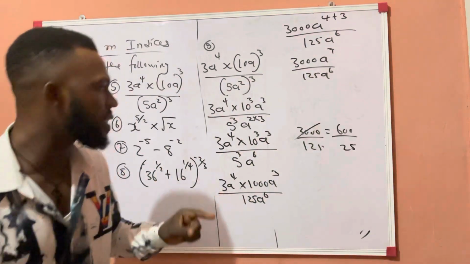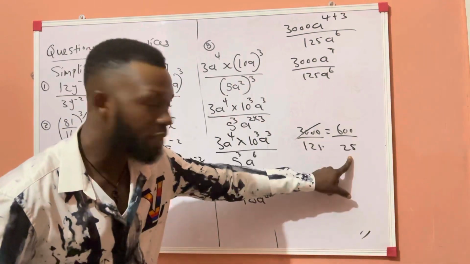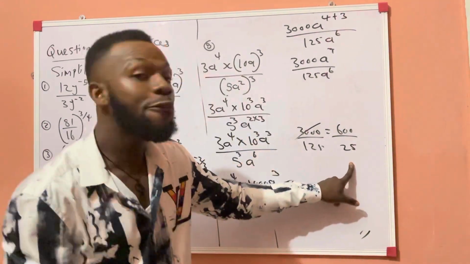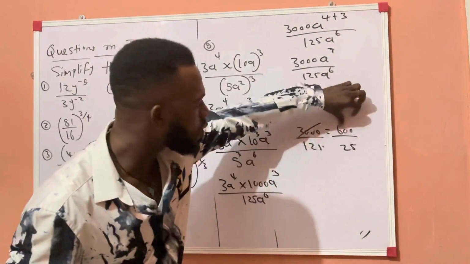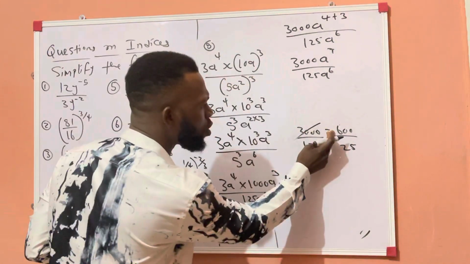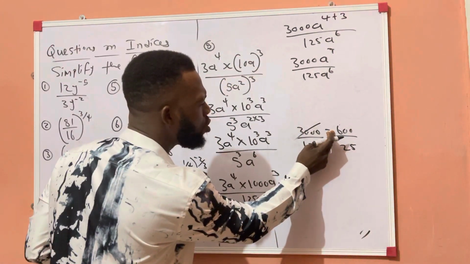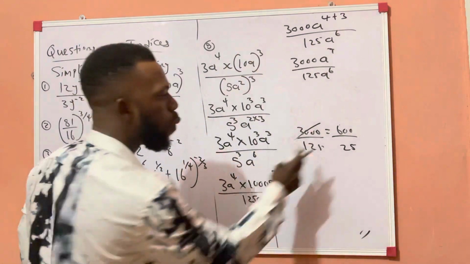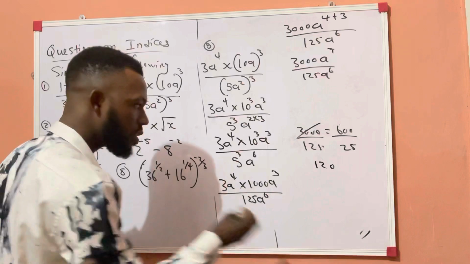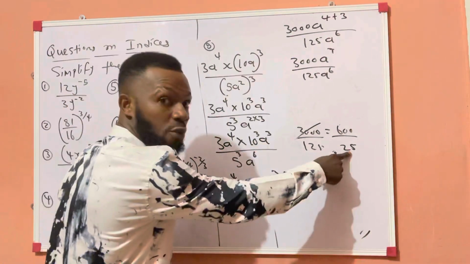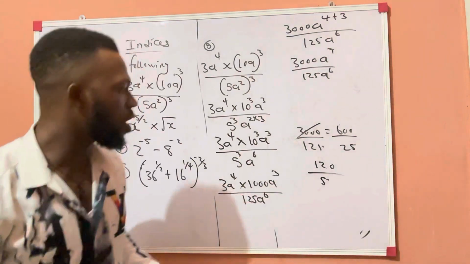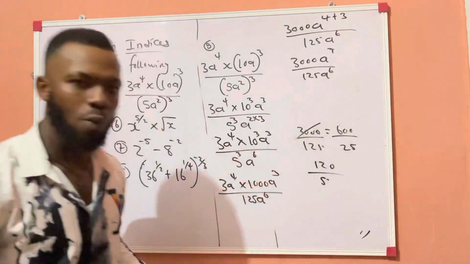Now, if we now say 600 over 25, something can still cancel. Now, 5 can still go. How many times will 5 go into 600? Let's say 120 times. So here becomes 120 over. How many times will 5 go into 25? 5. Now, what does that mean? Can 5 still cancel 120?